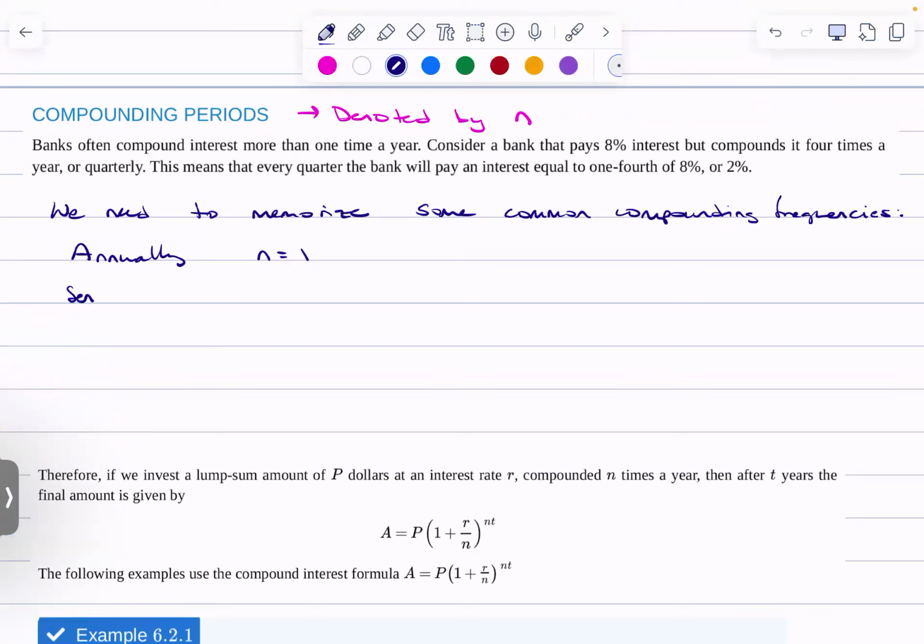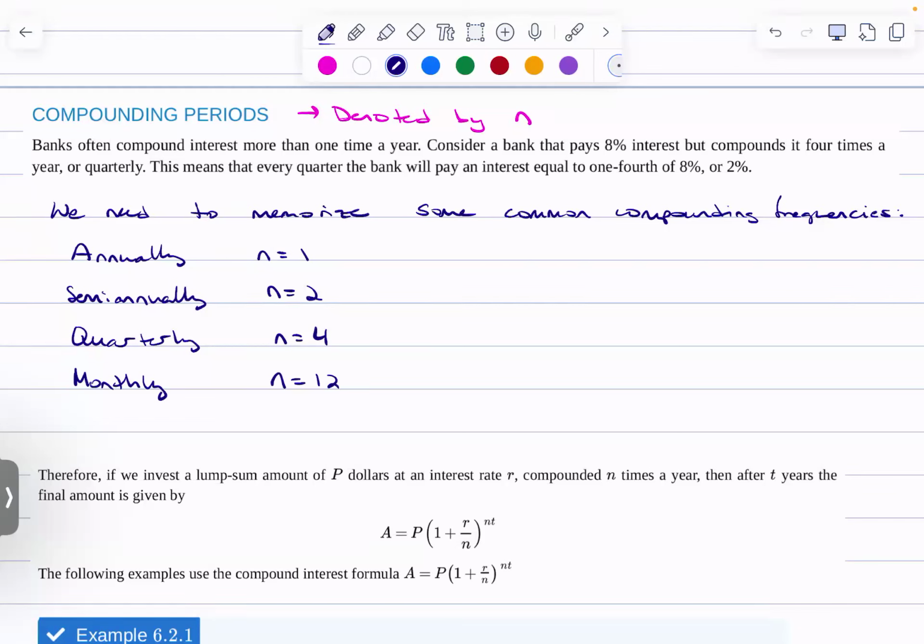What's our next one? We can compound semi-annually, which is twice per year, every 6 months. We can compound quarterly, where n is 4, every 3 months. What's our next one? Probably monthly. We're compounding monthly.